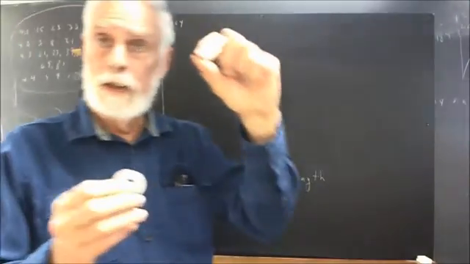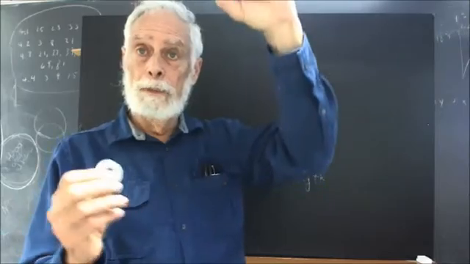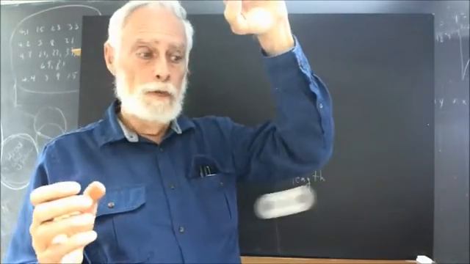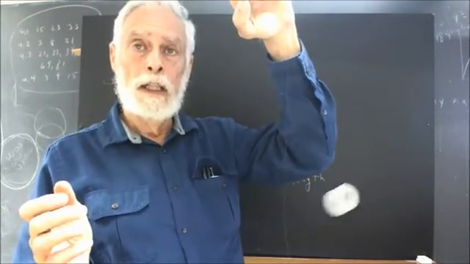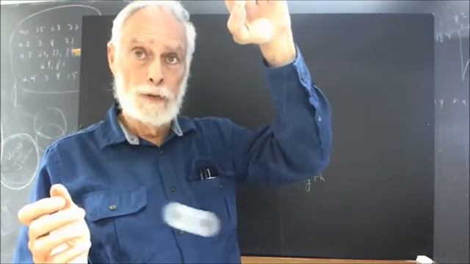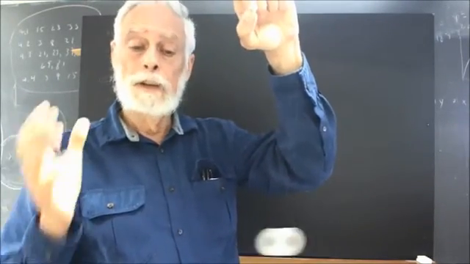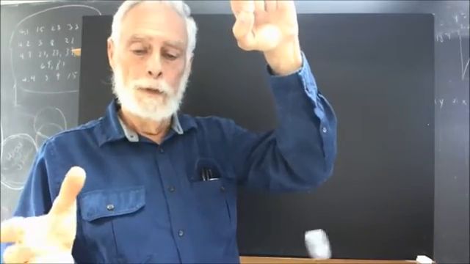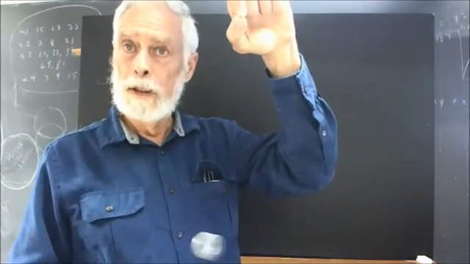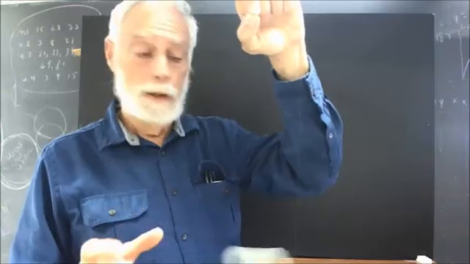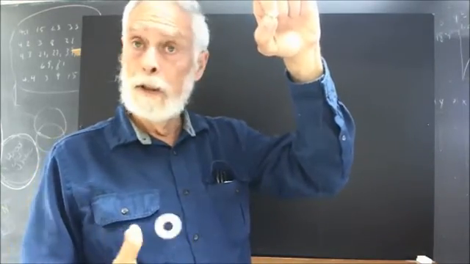Now, the idea then is that we're going to measure the length of the pendulum, and we're going to count for a minute. By frequency, I mean how many cycles there are in a given time interval. So if the time interval is a minute, then the frequency would be how many cycles per minute. So we count the pendulum for a minute, and we get the frequency.